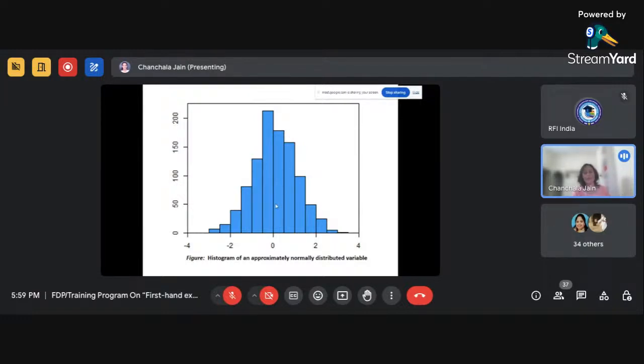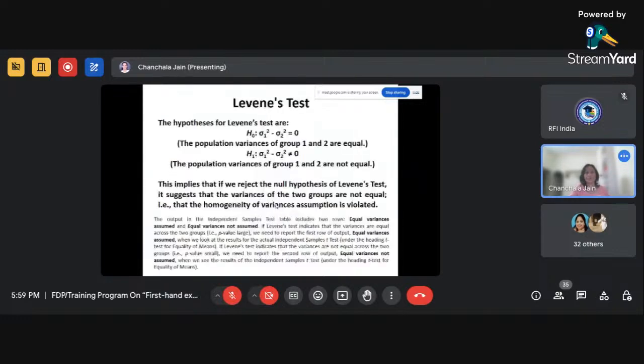So if your data is showing such a histogram, or maybe a little deviation, you need to decide whether you are treating that data as normally distributed or not. For example, as you can see, this particular histogram is not exactly normally distributed, right? But still, we can treat it as an approximately normally distributed variable.